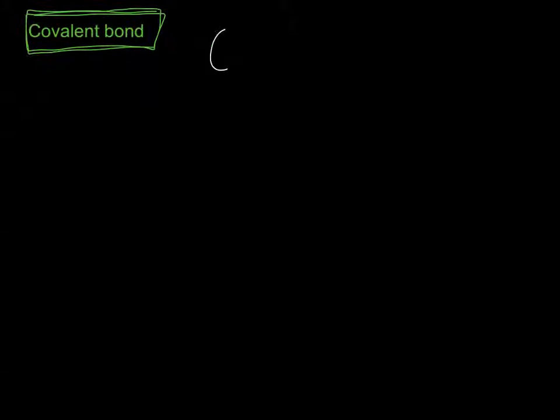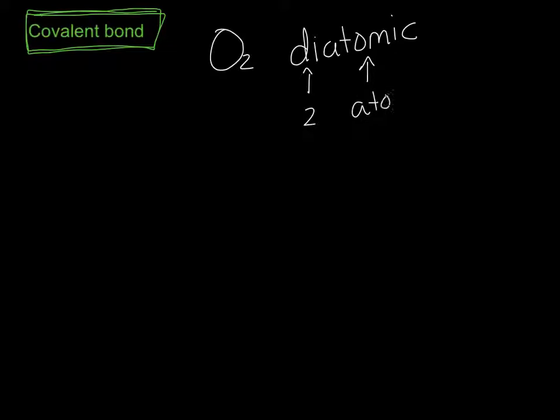So we're going to look at diatomic oxygen. Di means 2 and atomic means atoms. So we're talking basically about 2 atoms of oxygen. So that's what makes it diatomic. You could have diatomic nitrogen, diatomic carbon, whatever. So this is diatomic oxygen.